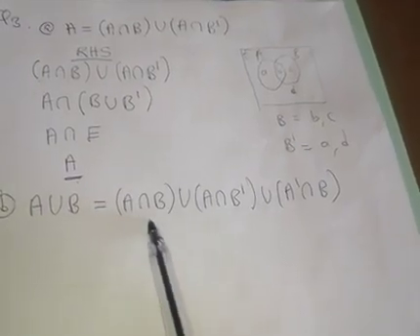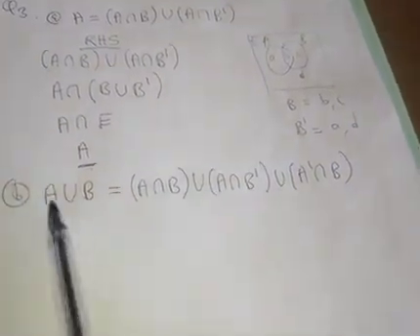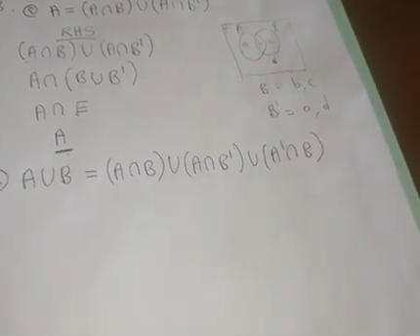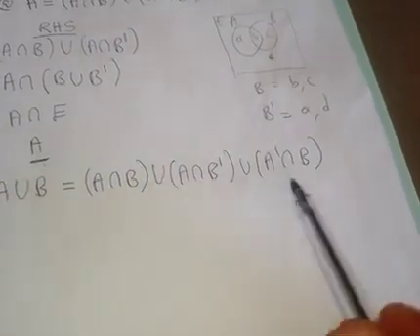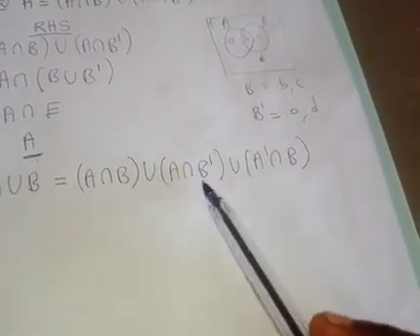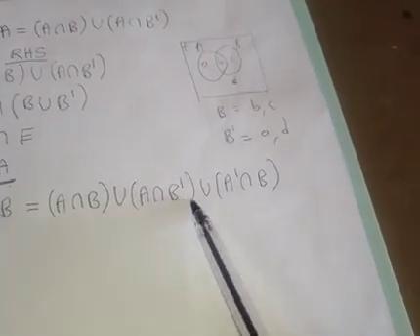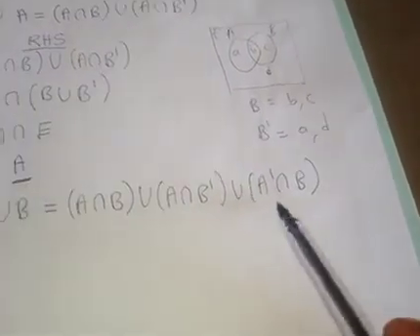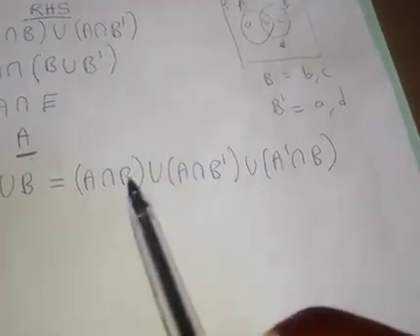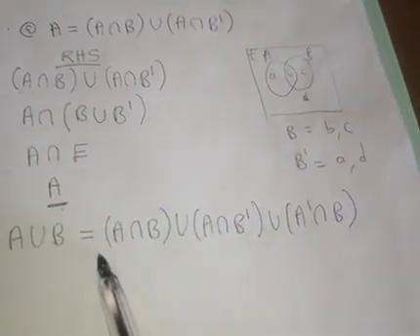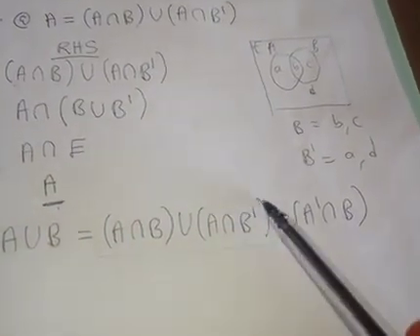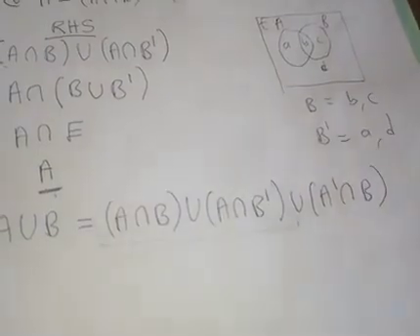Let's simplify this complex part and we should find A union B. We have three parts there. Let's simplify the first two, then add on that one.